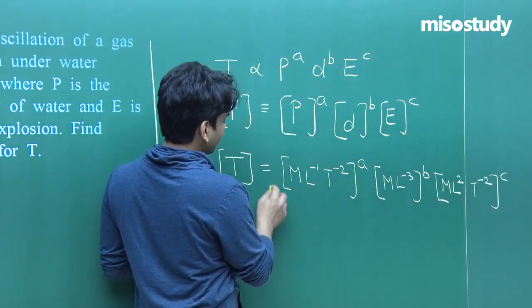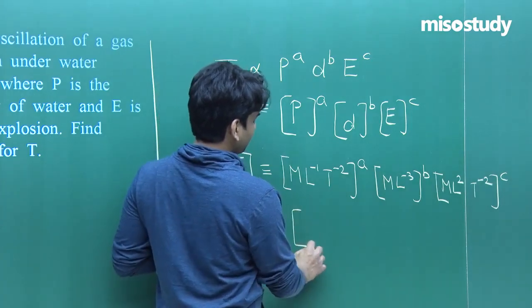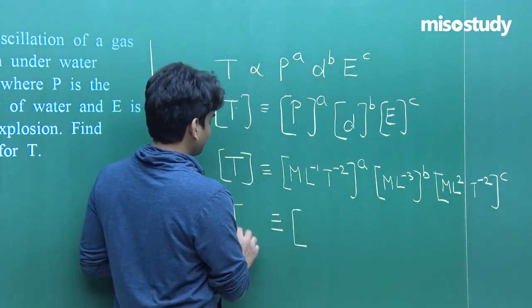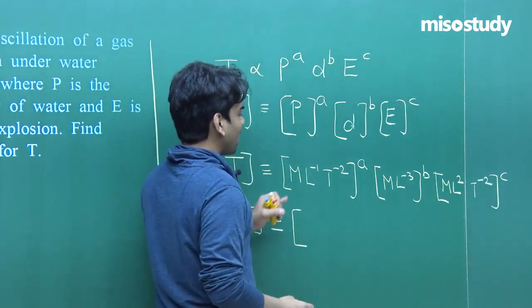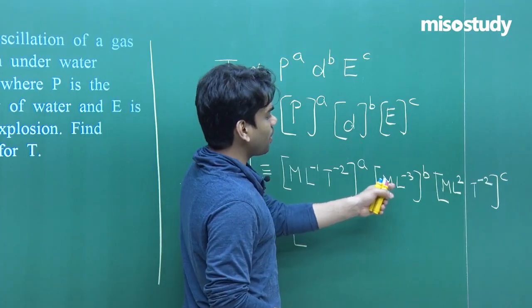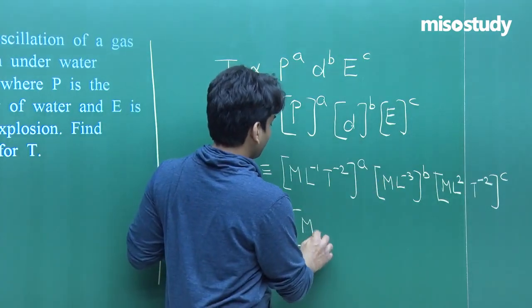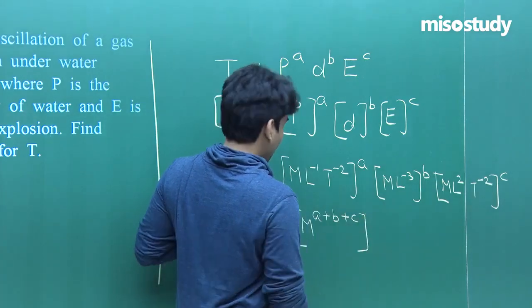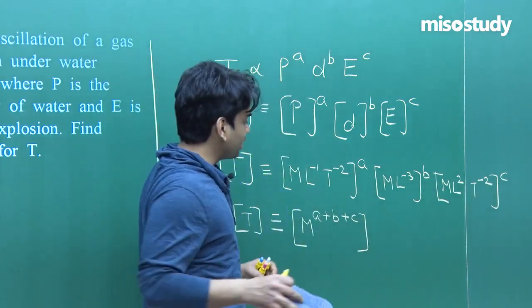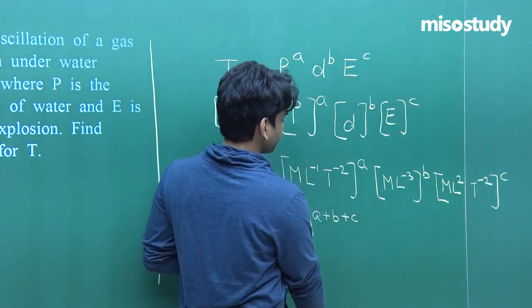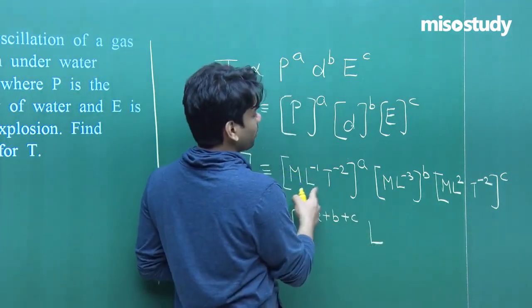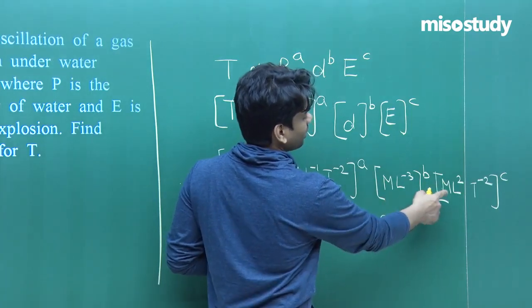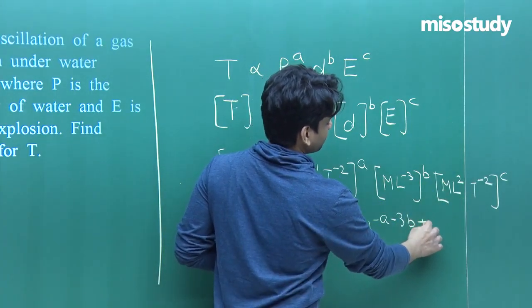If I write all the dimensions in one single equation, at the left hand side we'll have T, and at the right hand side we'll have M to the power A, B, C. So we'll have M to the power A plus B plus C. For length, L, its power will be minus A minus 3B plus 2C.